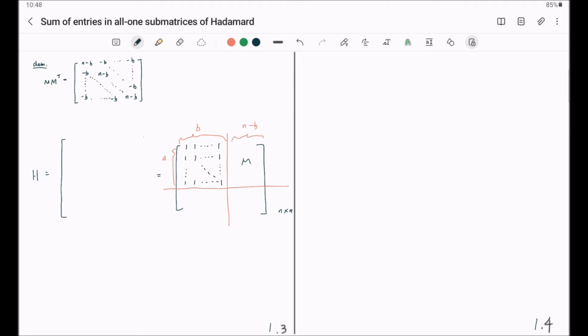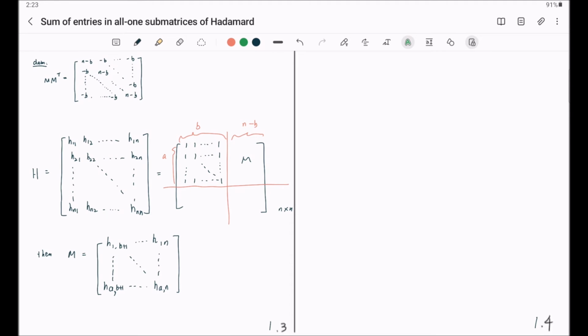To verify this claim, let us give entries in H the notations. We use H_ij to denote the entries in H. Under this notation, this matrix M is as shown. Now with such notations, it will be easier for us to compute MMT.